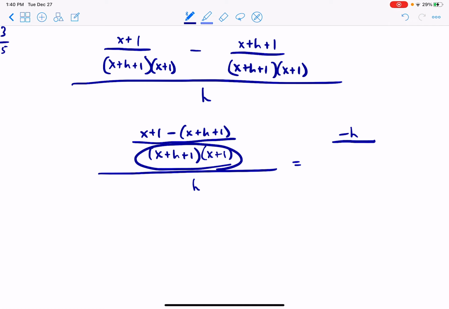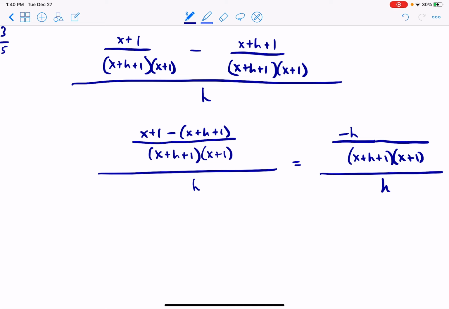What's the bottom here? Well, something. I could expand it out, but I'm not going to, in case I don't have to. Now the divided by h, I could write like this, or I could just write it like that.